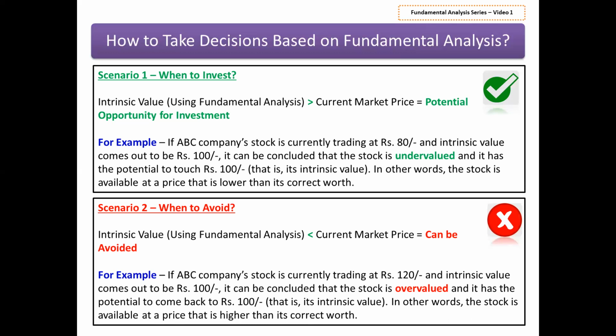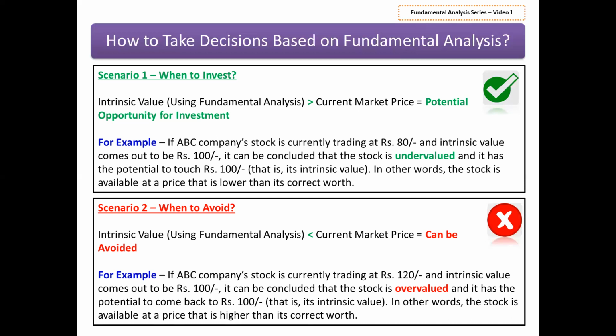So we hope that we have given you some basic idea of what fundamental analysis is and how it is used to make investment decisions. First of all, you need to calculate the intrinsic value of the company or the stock, and then you have to identify whether the stock is currently undervalued or overvalued. That you can do by comparing the intrinsic value with the current market price of the stock.